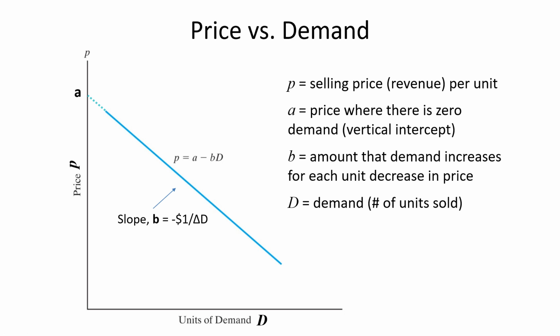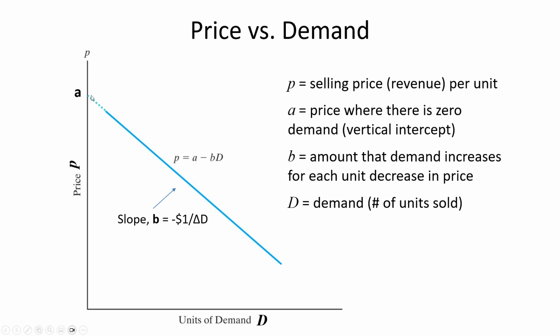Just to go into detail about each of these, we're going to call price this variable P. Remember, that is the variable that we can control, and it's the revenue per unit. Revenue is different from profit. Revenue is just the money that you get without taking into account your expenses and costs.